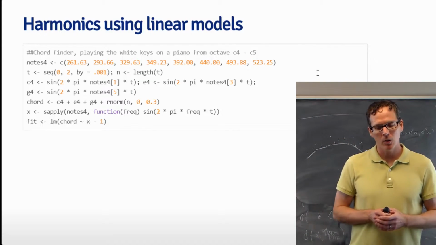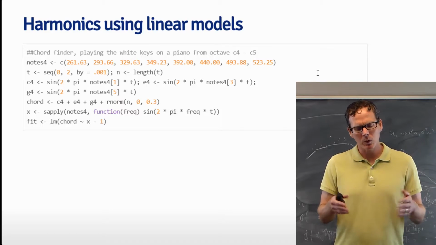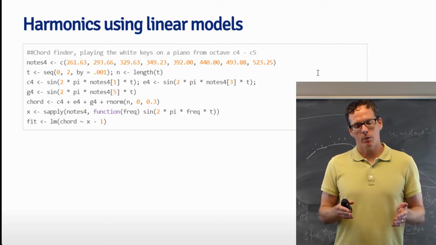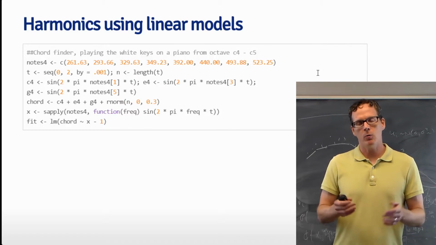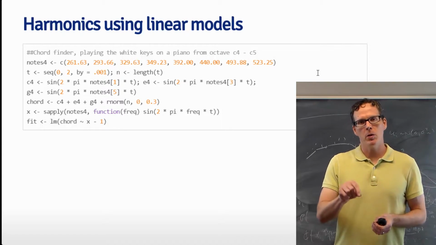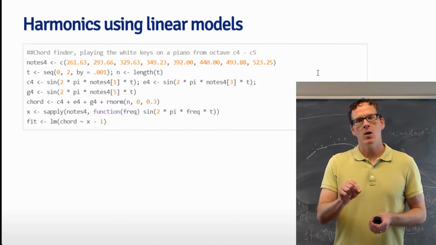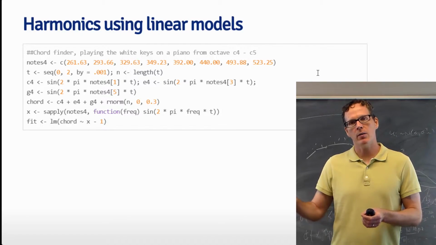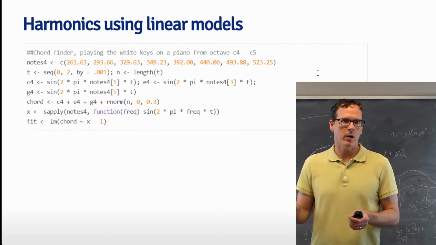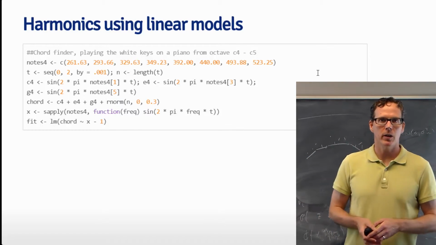So here I generated the data. I got the frequencies for the various notes off a web page. These are the frequencies if you start on the middle C key on a piano and go up 1 octave to the C key again. That's probably maybe the most important part of the piano.